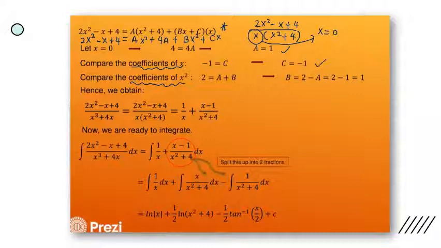For the right hand side, the coefficient for x squared is A plus B. Then B equals 2 minus A, so 2 minus 1 equals 1. So we get the values for A, B and C. Then we can substitute them into this partial fraction.